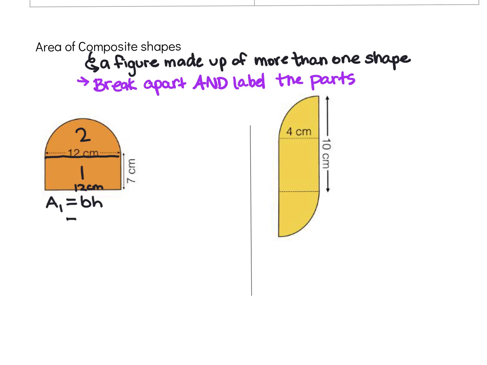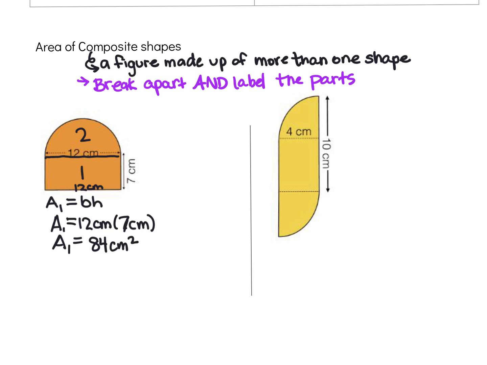The height of just this parallelogram right here is labeled as 7. So this is times 7 centimeters. Plug that into our calculator. Area sub 1 is going to give us 84 centimeters squared.